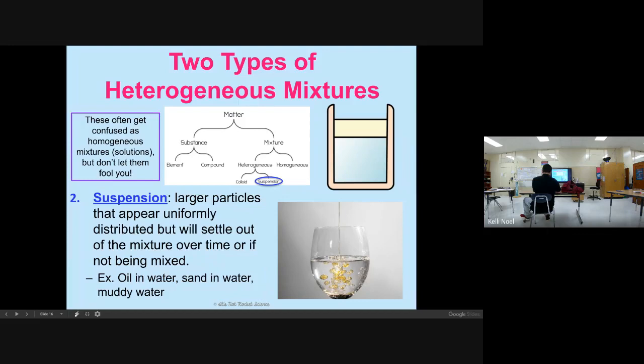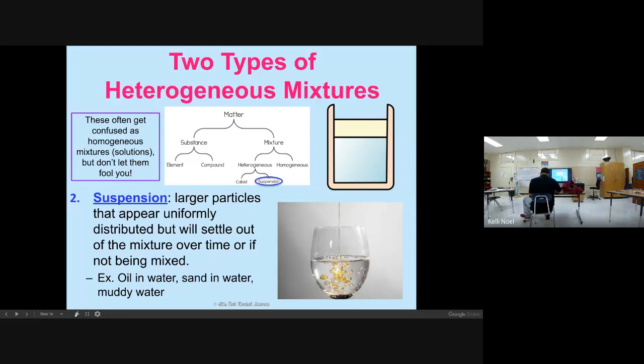The second type of heterogeneous, not homogeneous, mixture is a suspension. You could just say large particles will settle out of the mixture. So you can shorten it. A lot of times a suspension has to be shaken to mix. If you let it sit, the larger particles will sink to the bottom.